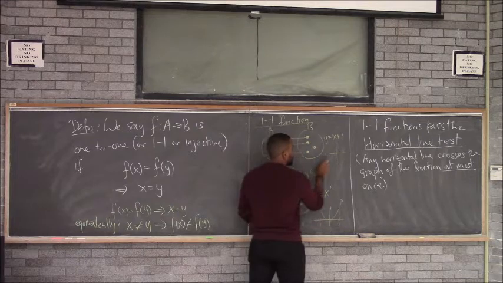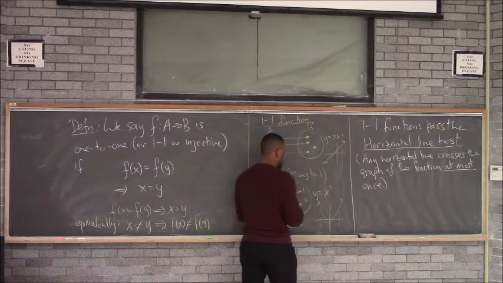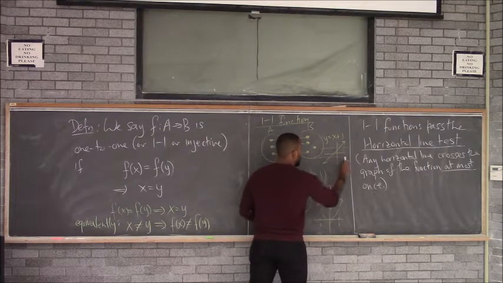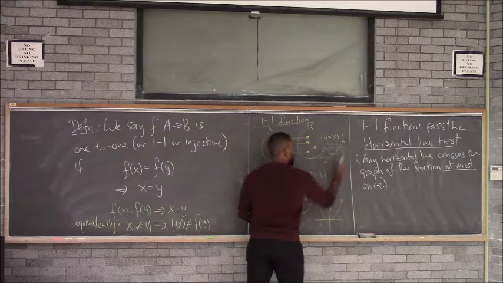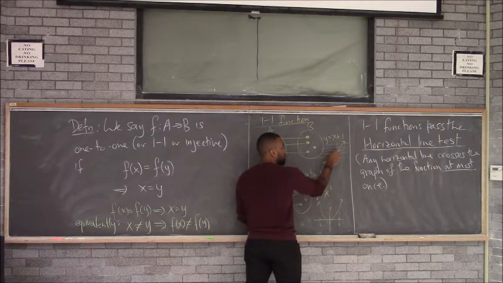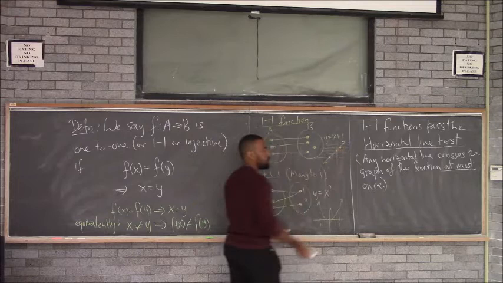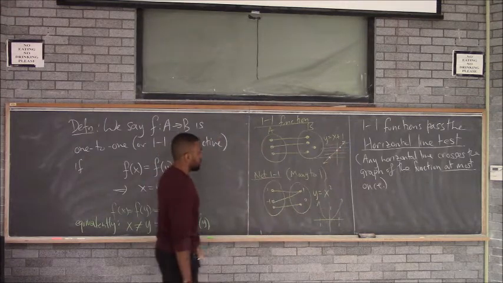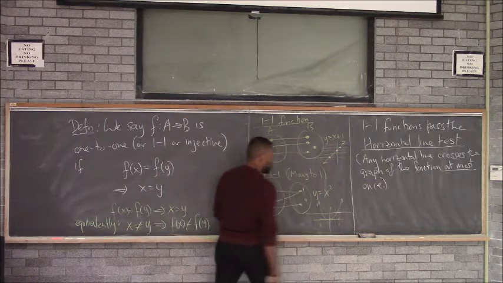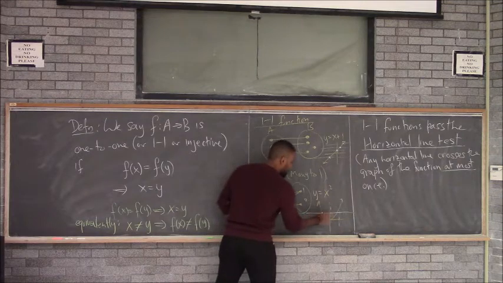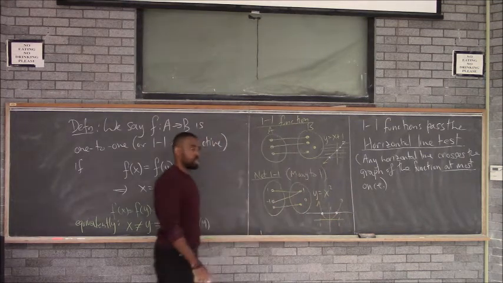y equals x plus 1, that's just a straight line like that. At any point that I draw a horizontal line, it's only going to touch that function in one spot. Whereas with y equals x squared, I can draw a horizontal line that touches in two spots. That's more than one.